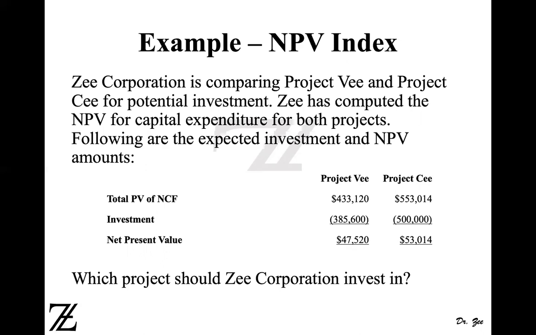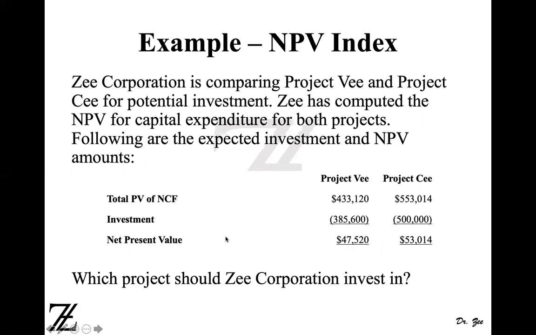Now, if you look at the monetary perspective, project C looks like a better project because you are getting more money, almost $6,000 more than project V, right? Project V is providing you $47,520 net present value. C is providing more. But which one should you invest in, project C first and then V, or vice versa?